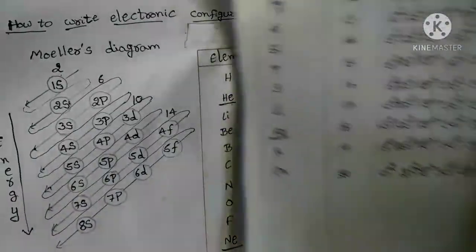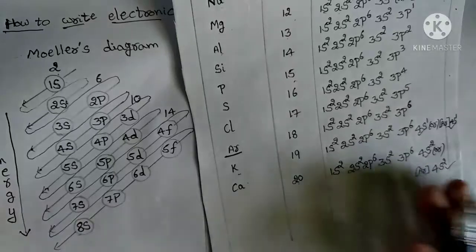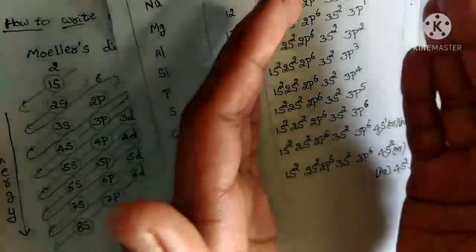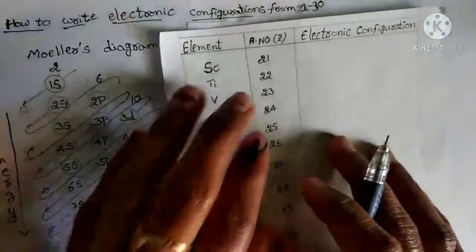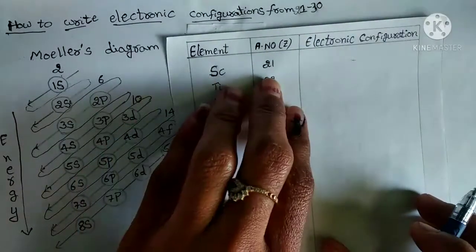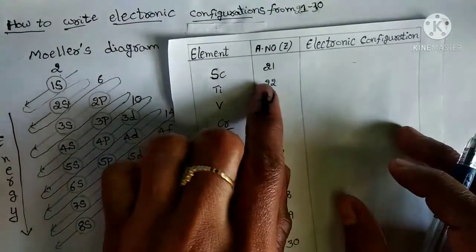So here scandium also comes after argon only. So in this case we will use argon only in square brackets to reduce the size of the electronic configuration. First of all, for scandium I will write the full electronic configuration. Afterwards we will use the argon electronic configuration only, meaning the argon symbol in square brackets.